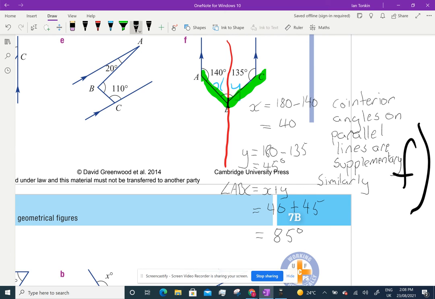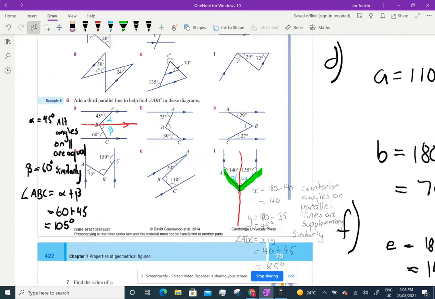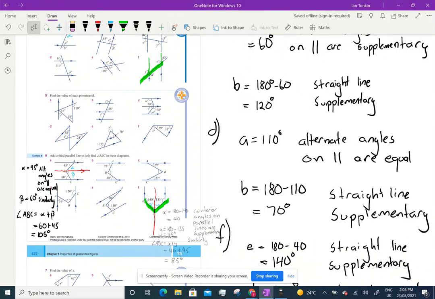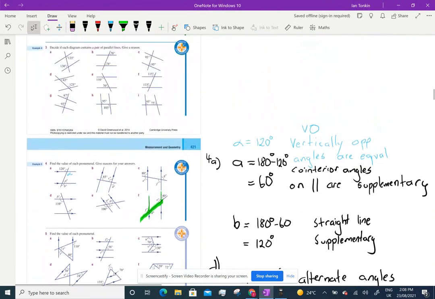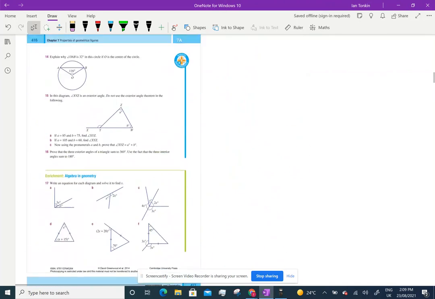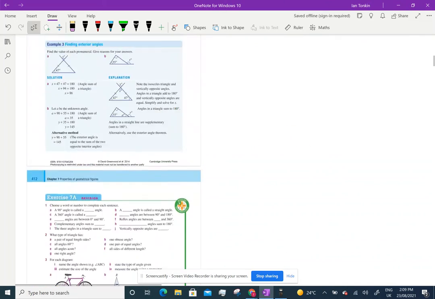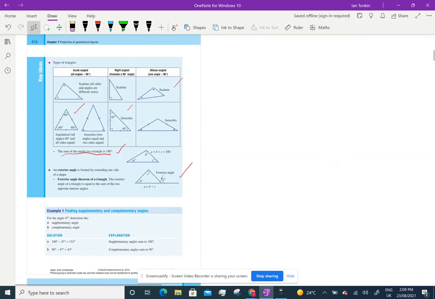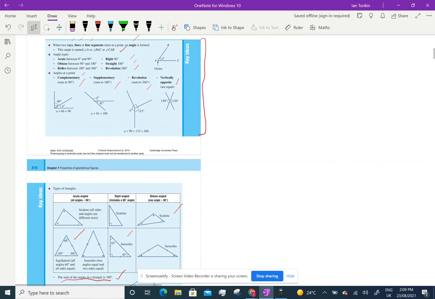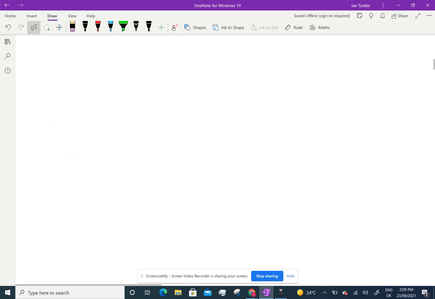All right, so that's all you have to do, 4 and 6. It's pretty easy. It's revision of work that we did in Year 8. So make sure you make some notes from the first bit, way up here, or at least you know the geometry terminology and the geometry rules and your different triangles.